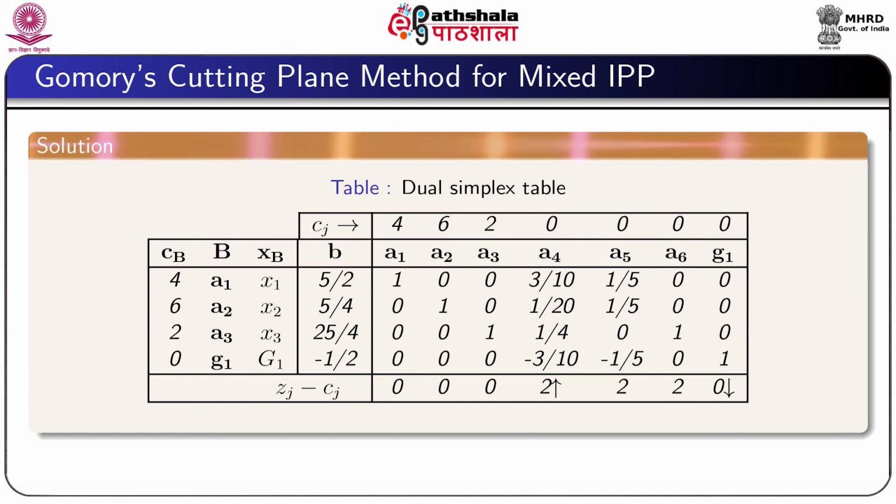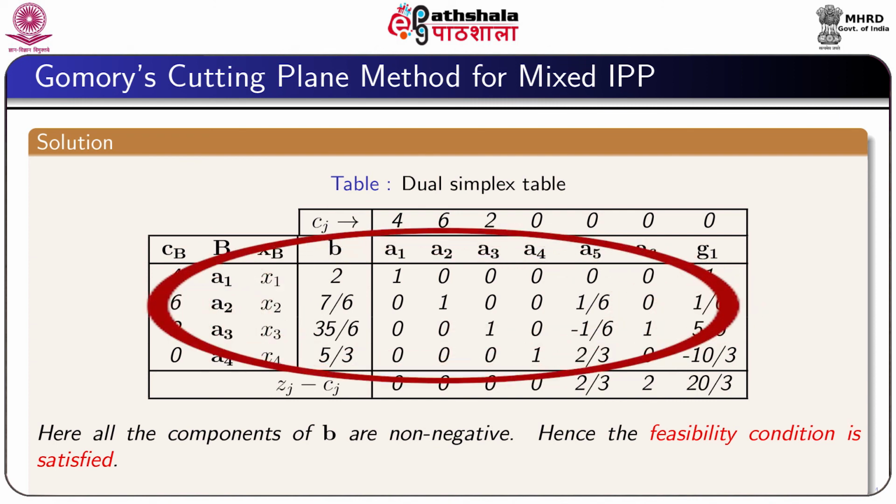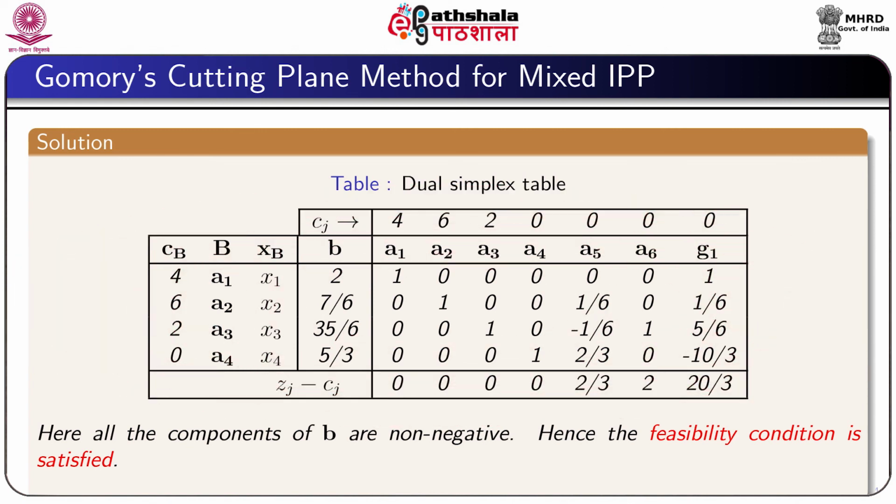Here the departing vector is g1, and we can easily obtain the entering vector as a4, and then we proceed to the next iteration and see that in the next iteration all the components of b are non-negative, hence the feasibility condition is satisfied, and we can get solution from this table as x1 equal to 2, x2 equal to 7 by 6 and x3 equal to 35 by 6.